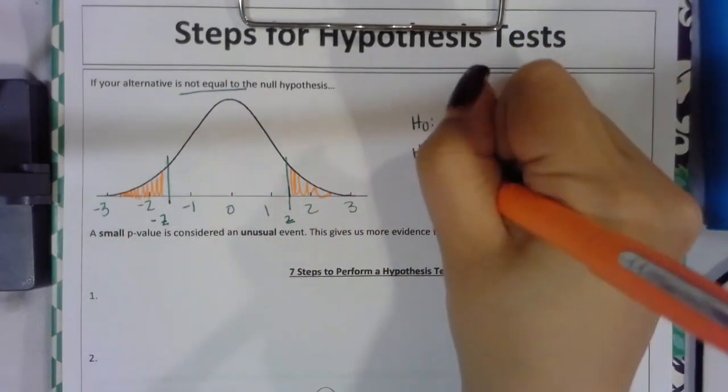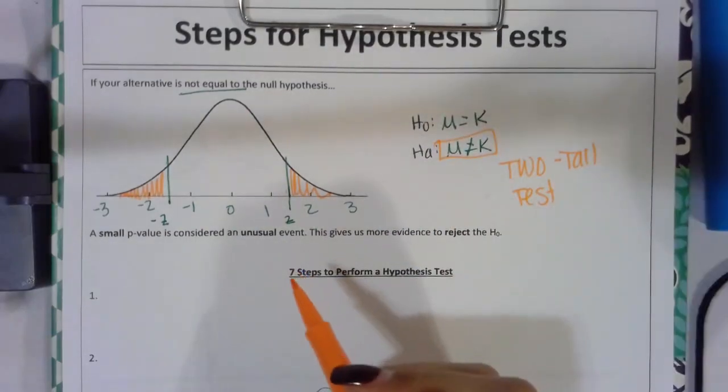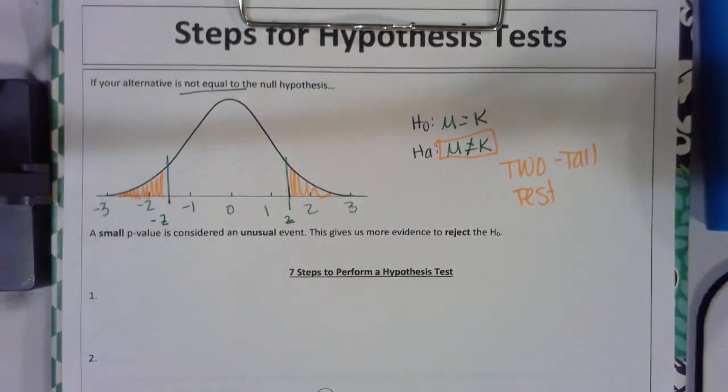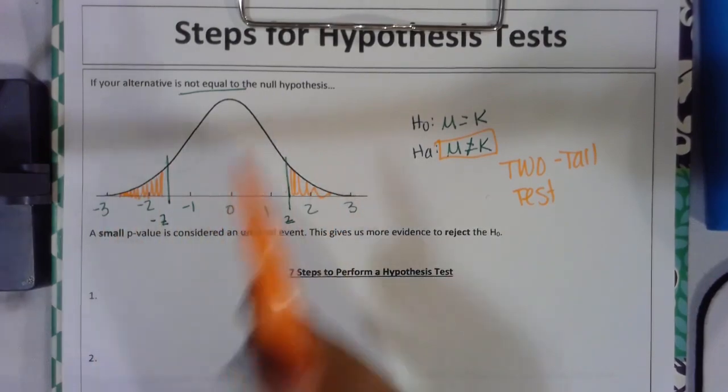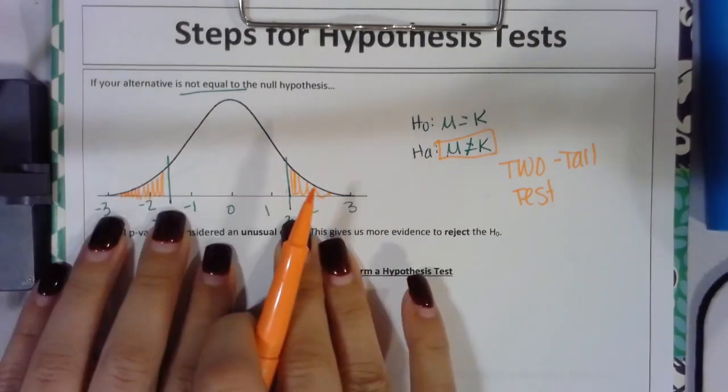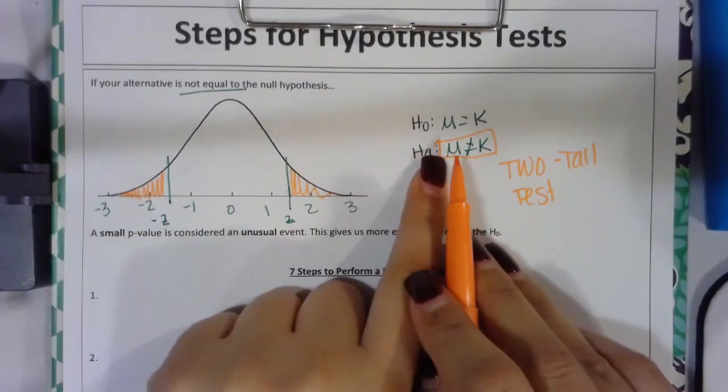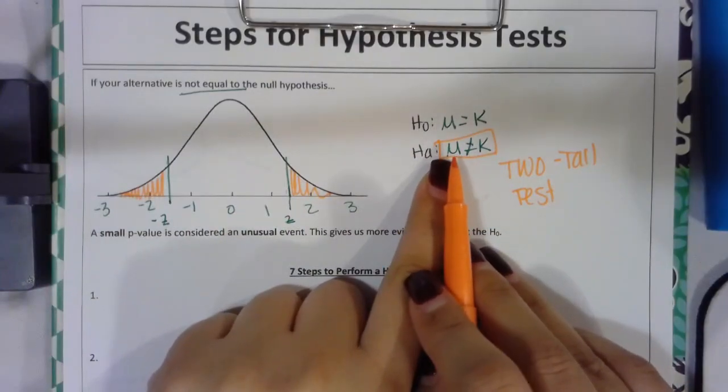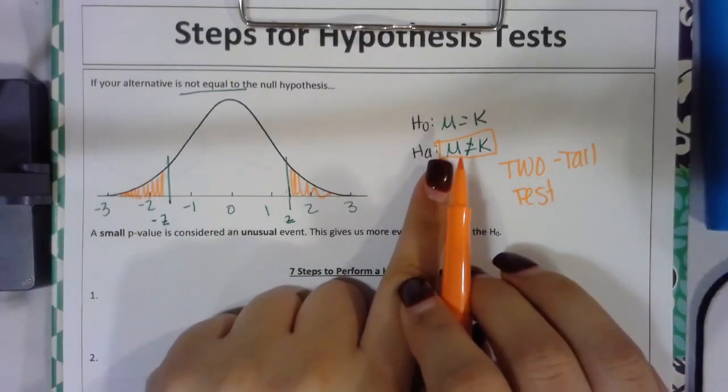So all I've done so far is, before when we defined left-tailed, right-tailed, and two-tailed, I just drew a picture and I did the inequality. But this is how it would look. This is what the graph of a two-tailed test would look like, and this is how you would write it in the null hypothesis and in the alternative hypothesis.